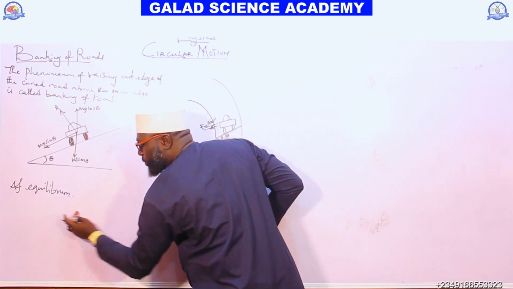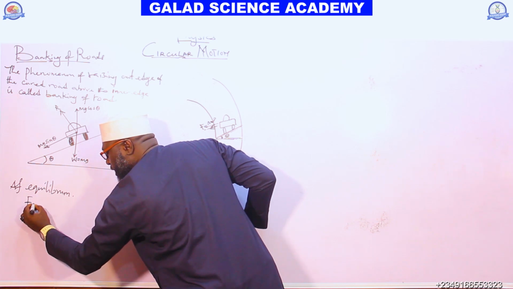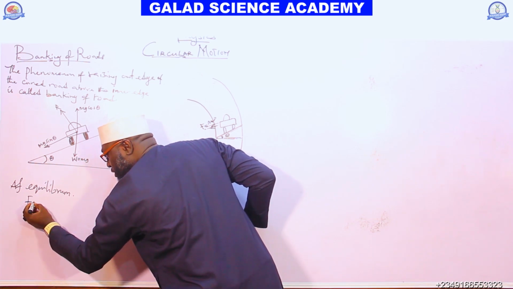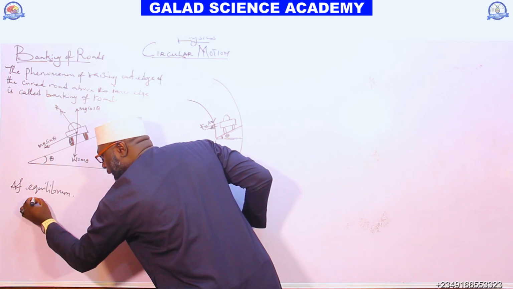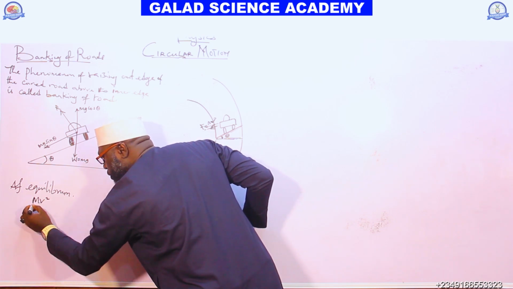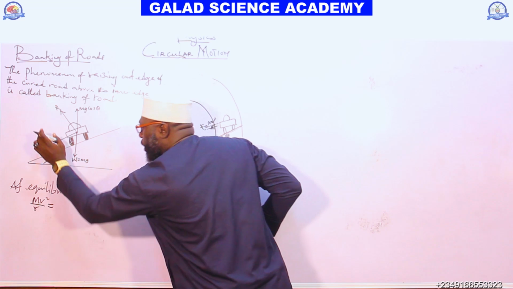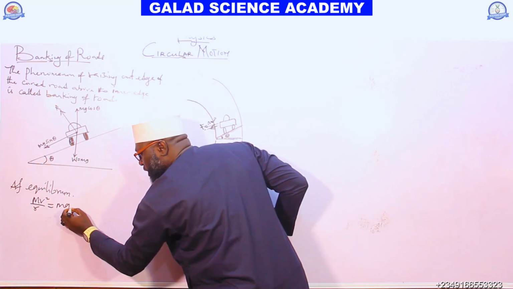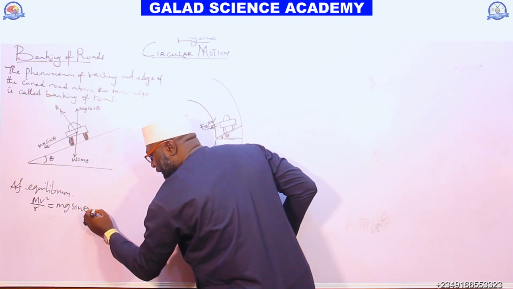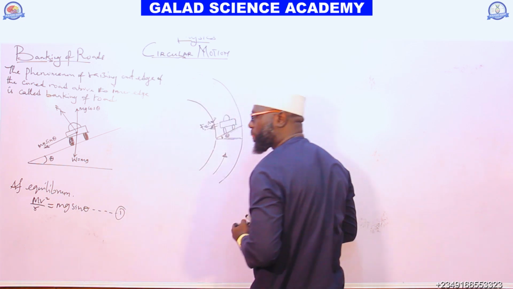So at this equilibrium, the centripetal force, which is mv square over R, is equal to mg sine theta. You call it equation 1.